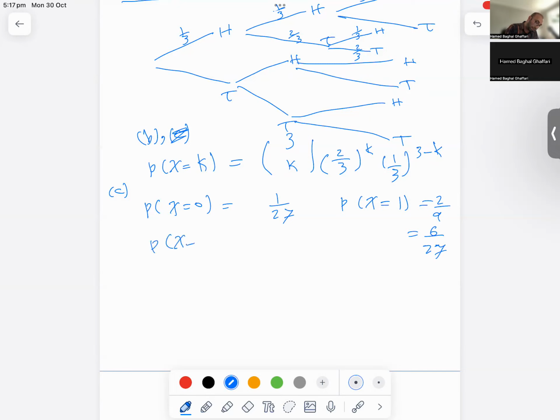The probability of X equals 2, two tails, is 4 over 9 times 3, equal to 12 over 27. And the probability of X equal to 3 is 8 over 27.